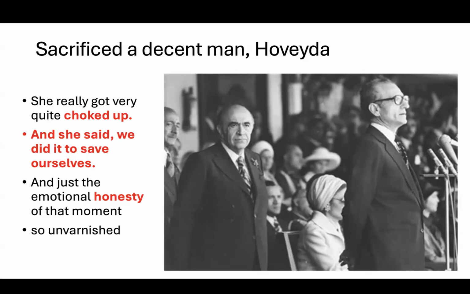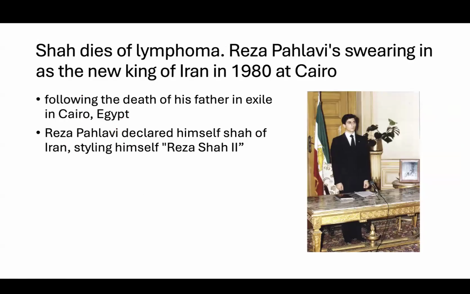There were a lot of victims, not just the Shah himself, but many decent people who served him as he was trying to reform. And this poor guy was one of the first executed by Khomeini's crowd. So this is the Shah, he has lymphoma. He dies. You'll remember he's a man without a country.